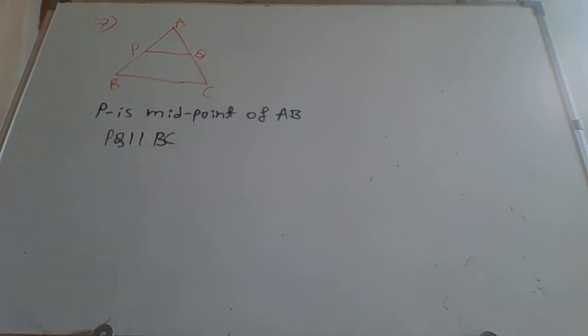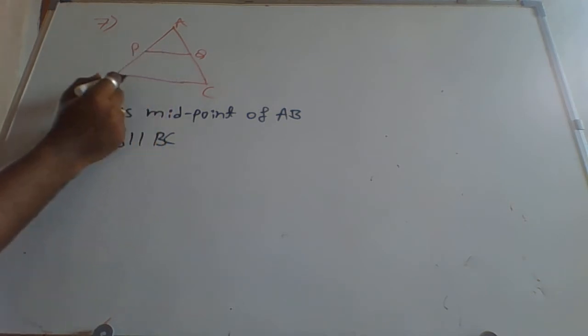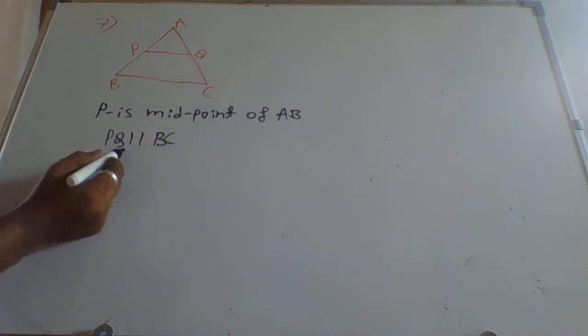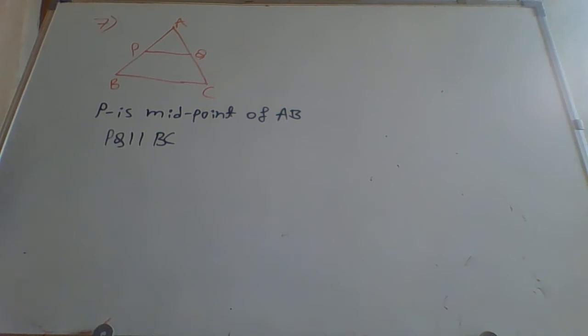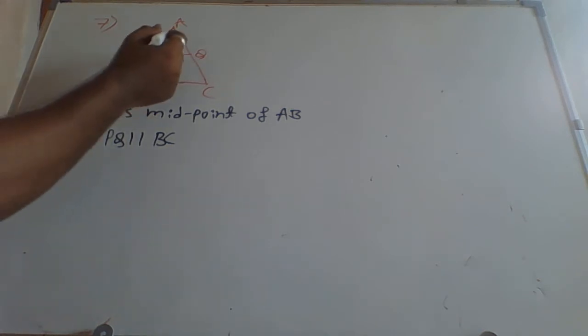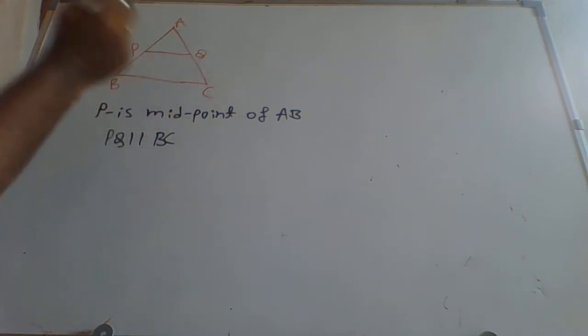In the question they have given a line through the midpoint of one side parallel to another side, parallel to BC. Therefore I have written PQ is parallel to BC. It will bisect the third side, which is AC here.